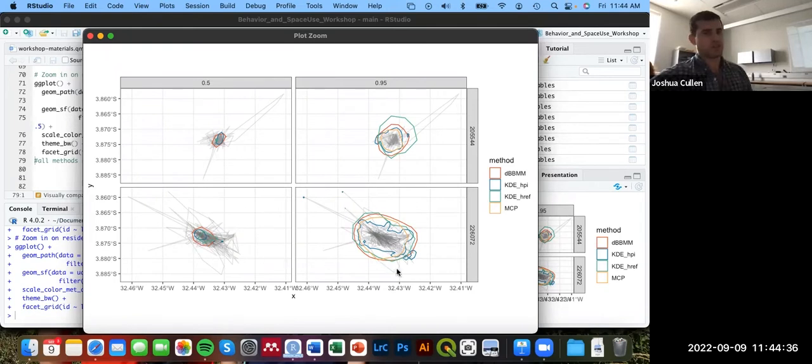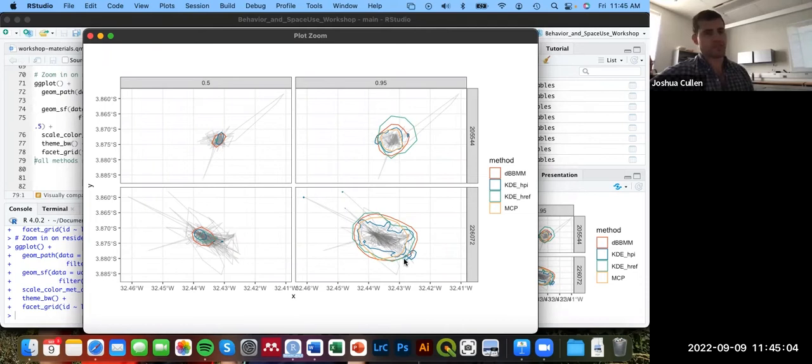There are some more slight differences here for this second resident individual in the bottom row, where the area estimated as a core area differs slightly for this 50% contour, where the reference method estimates an area that's kind of shifted to the right compared to the plug-in method in blue. And the dynamic Brownian bridge movement model kind of encompasses both of them.